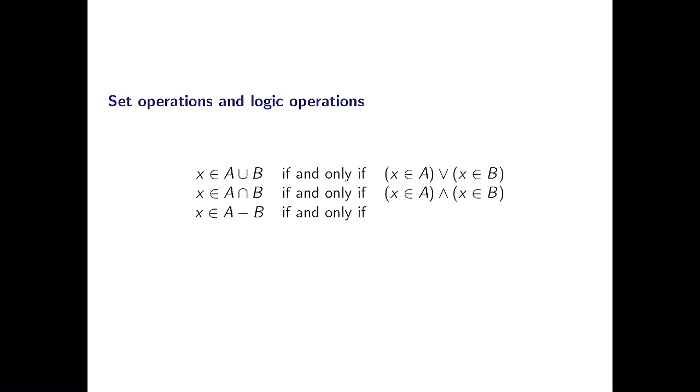Absolutely. A minus B, what did we just say? X is in A and X is not in B. Or you could write not X is in B if you'd prefer, whatever you like. This one, what did we say before? That's XOR, right? So X is in A, exclusive OR, X is in B. All make sense?